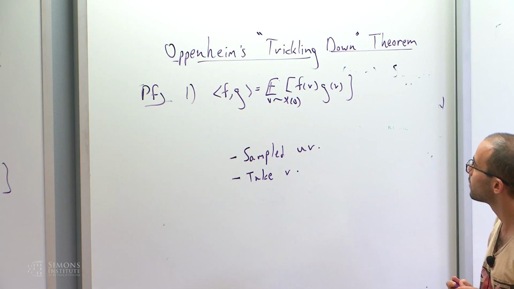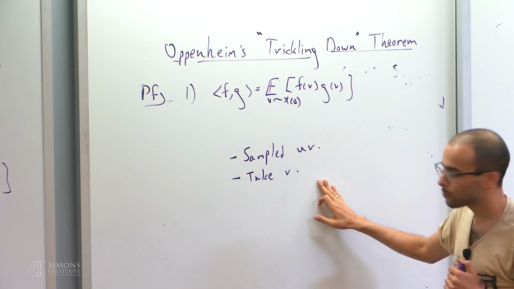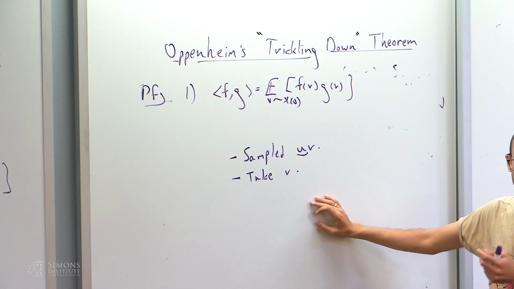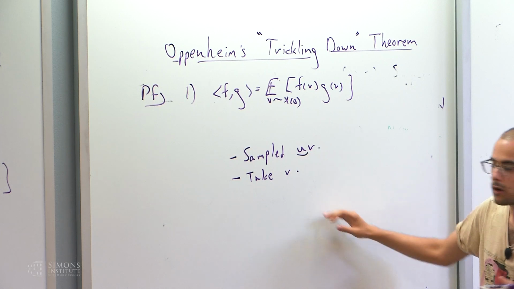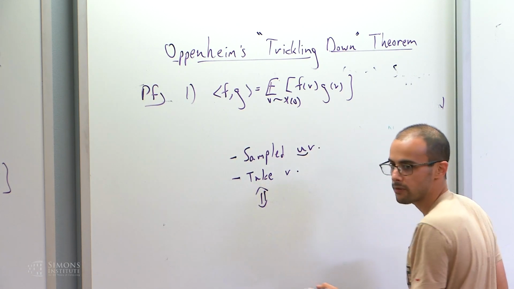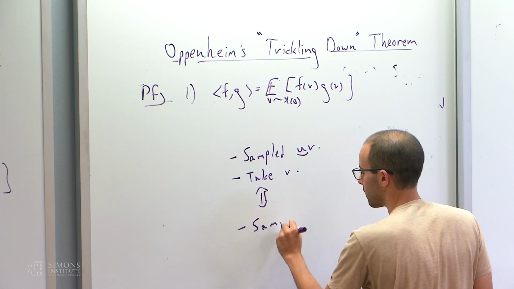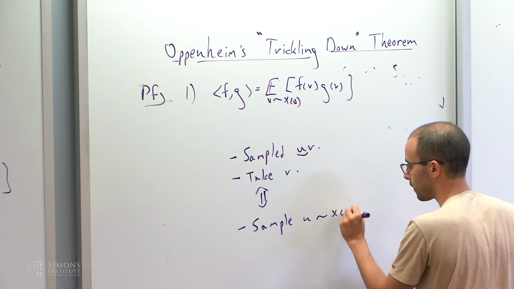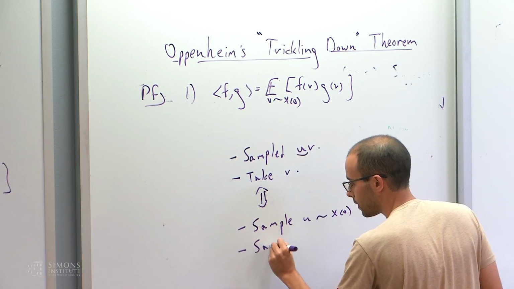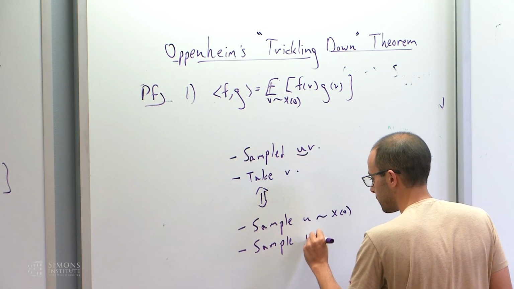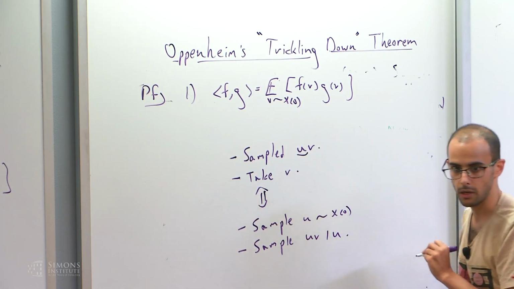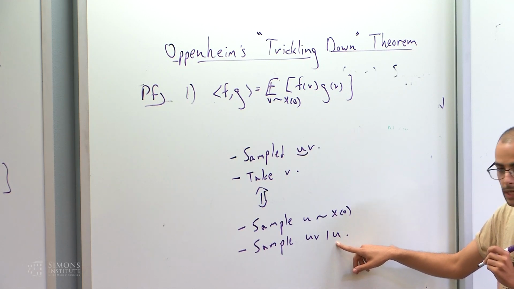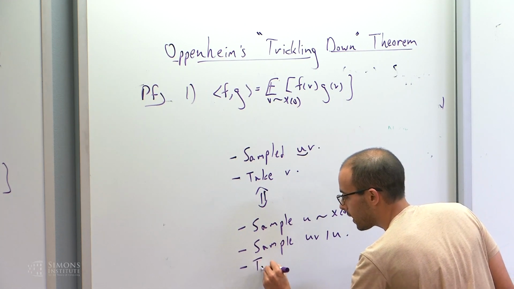So the point is, when I do this process, I can first condition on the vertex that I'm sampling in the edge, but I'm throwing away. So this is equivalent to first sampling U out of X0, then sampling an edge UV, but conditioned on the fact that this edge contains U, and then just taking the other vertex.